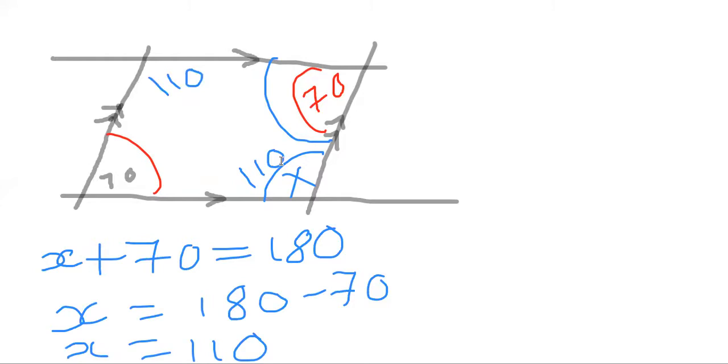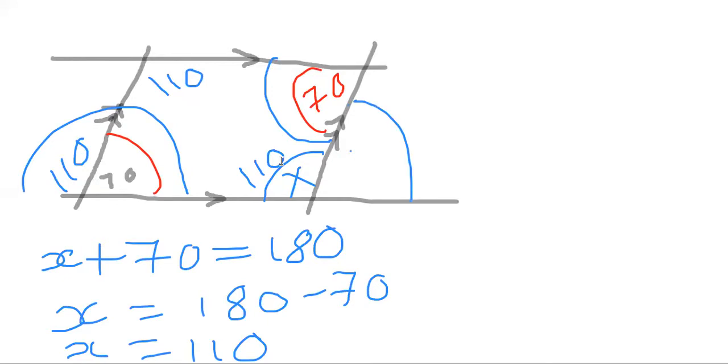What else is remaining? Everything is done. This one is also 110 because you want a number that 110 plus 70 is 180. So this one is a linear pair, so it is 110 because 180 minus 70. What about this angle here?